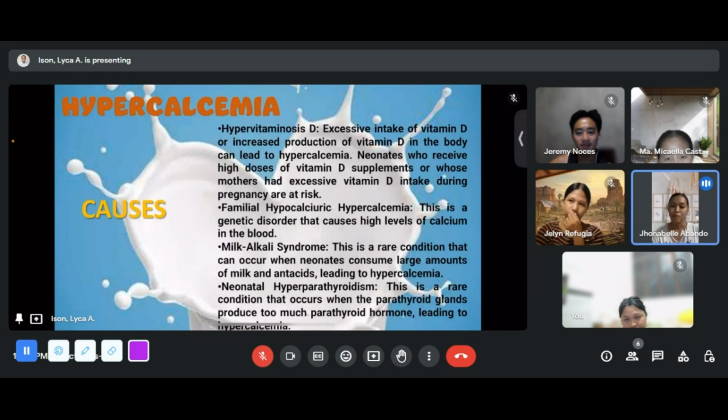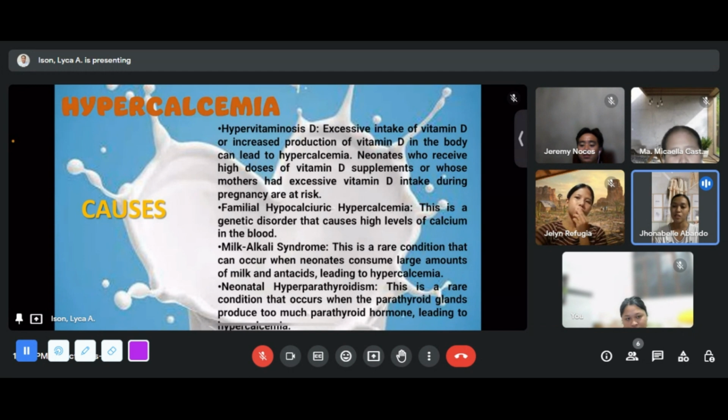Causes of pediatric hypercalcemia. So first is hypervitaminosis D, or ito is nasobrahan ng vitamin D yung baby and it leads to hypercalcemia. Second is familial hypocalciuric hypercalcemia. So this is a genetic disorder na nagdudulot ng pagtaas ng level of calcium sa blood ni baby.